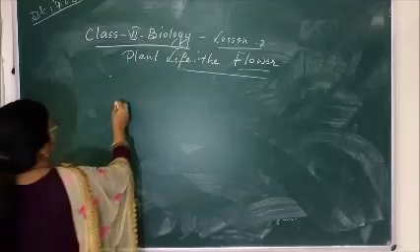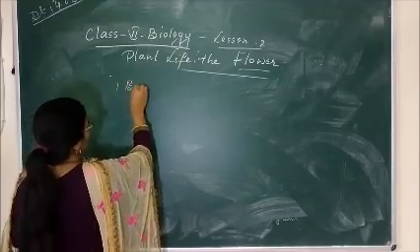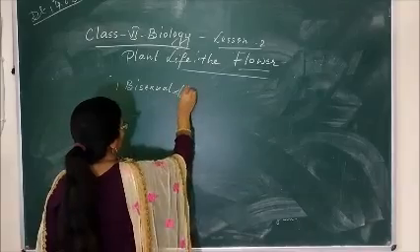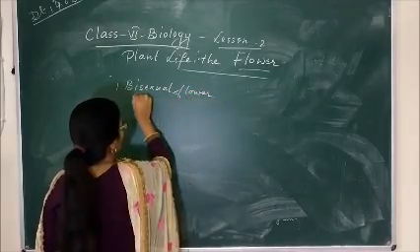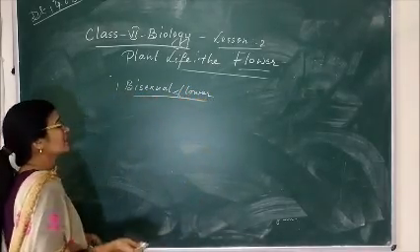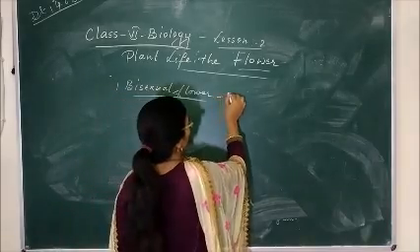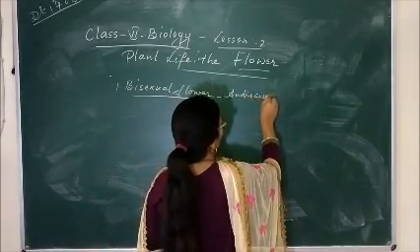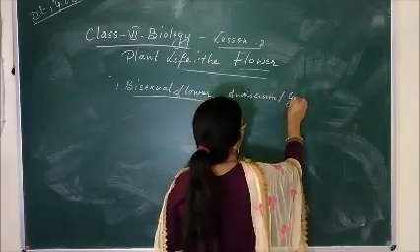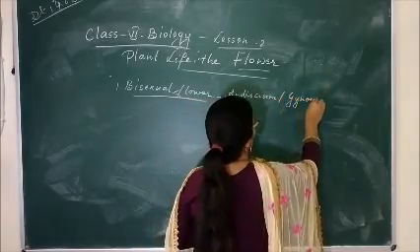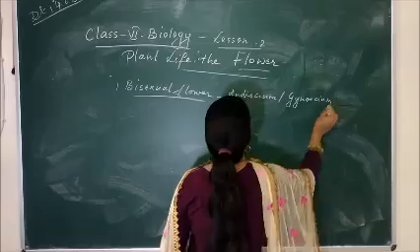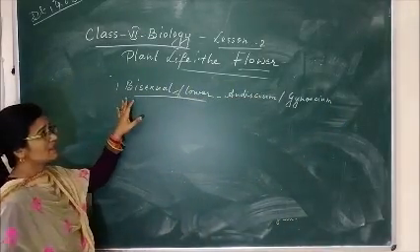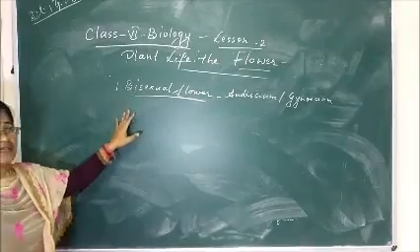So bisexual flower means in which both the male and female gametes are present. That is, both androecium and gynoecium are present in the same flower. So when both male and female gametes are present in the same flower, it is a bisexual flower, like we discussed.